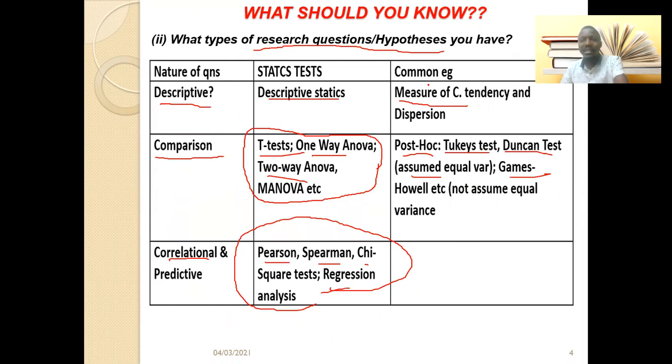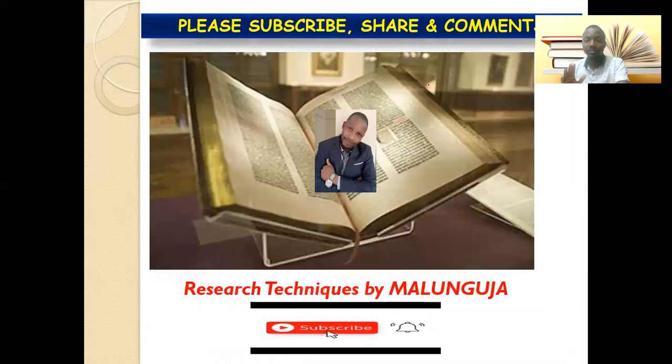So it's not just a matter of saying, okay, I'm going to use a t-test. A t-test for what? If your study is not related to a t-test, how are you going to use it? Why are you going to use a measure of central tendency? Why are you going to use a one-way ANOVA or two-way ANOVA, factorial analysis? Why are you not going to use Pearson? So you need to know these things without making them confusing.